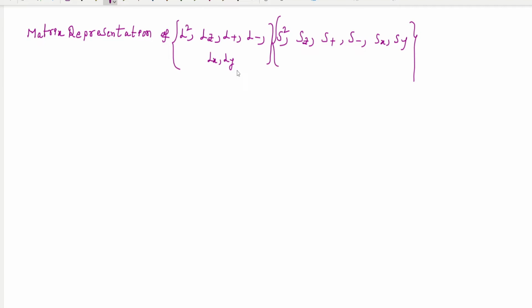So we know already eigenvalue of L square is h cross square L into L plus 1, right? So eigenvalue of LZ operator is M h cross.